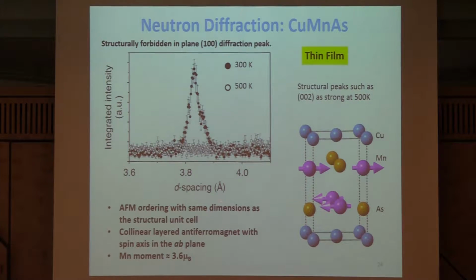You can also infer in which plane the moments are, and by comparison with calculations, you can say roughly what the moment is. Well, more than roughly, 3.6 Bohr magnetons in this case.